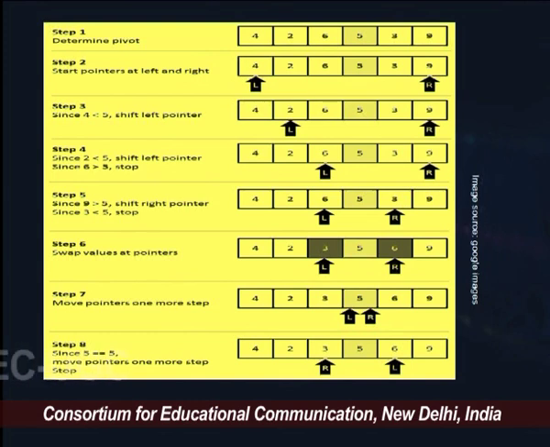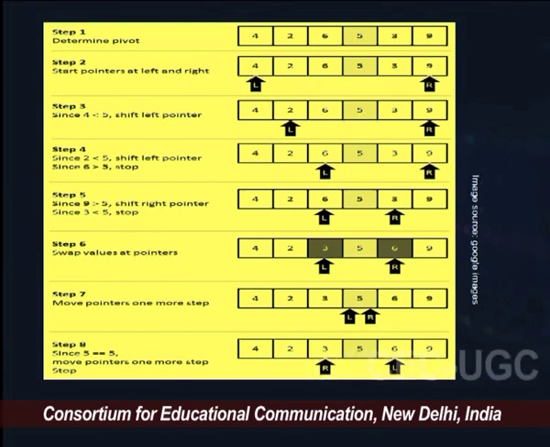So now 3 is on the wrong side, in the wrong partition. That means 3, the value which is less than the pivot, should be on the left side, and 6, the value which is presently on the left side, must have its proper place in the right partition. So by moving both the pointers one by one, we have arrived at those two values which are misfits in their partitions.